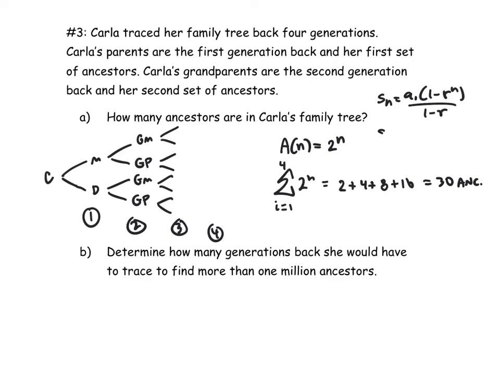So in this case, the sum of the first 4 generations would be 2 times 1 minus 2 to the 4th over 1 minus 2, which is negative 1. So that sum of the first 4 would be negative 2 times negative 15, right? 1 minus 16 is negative 15, and clearly then we get 30 the same way.